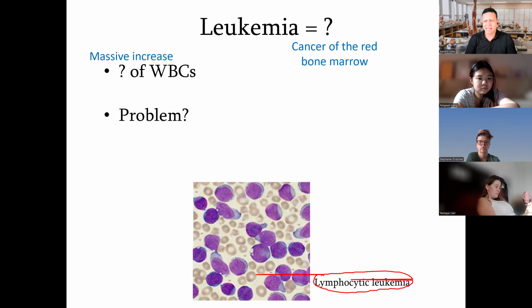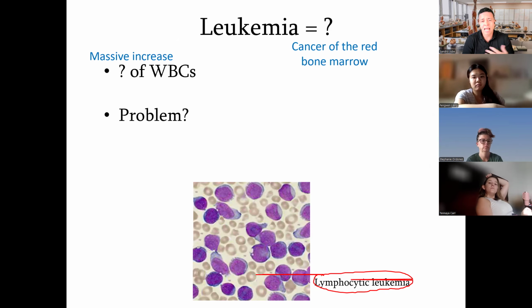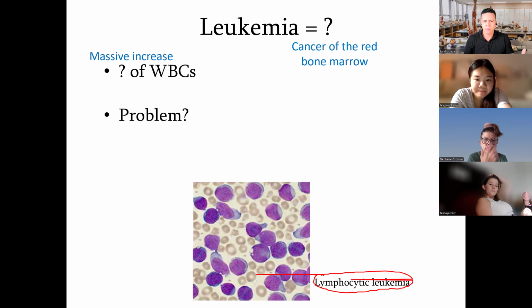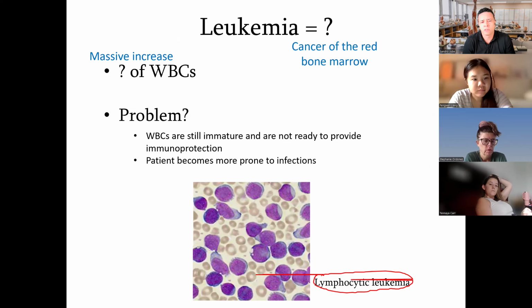But wait a second, that sounds counterintuitive because most of us know that someone that has leukemia, their immune system is very weak. Right? A simple cold can kill an individual with leukemia. Now I'm telling you that there is this massive increase in white blood cells. What's going on here? This is what is going on, folks.